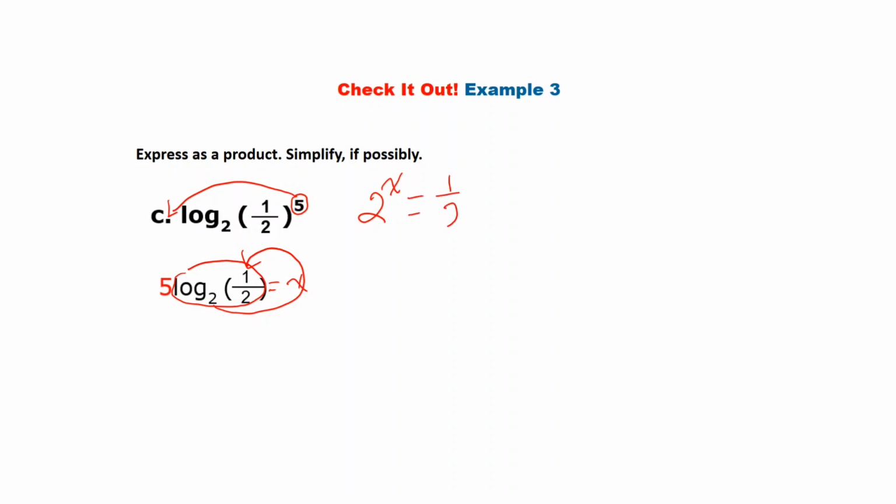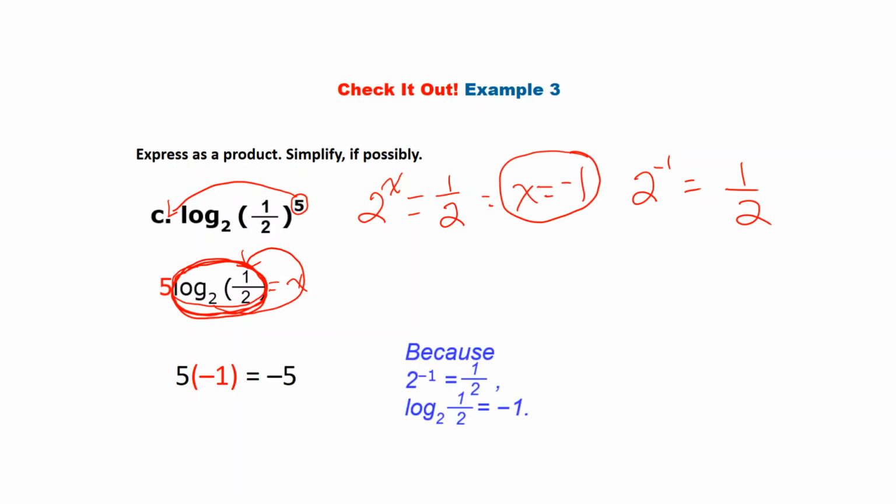I can see that that's the reciprocal, so I know that my x is going to equal -1, because 2 to the -1 power is the same as 1 over 2. So my x equals -1. Remember, this log is the same as my exponent, so I actually am going to have 5 times -1, and 5 times -1 is -5.